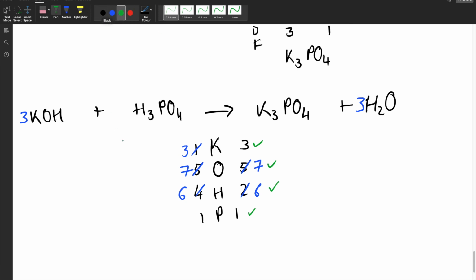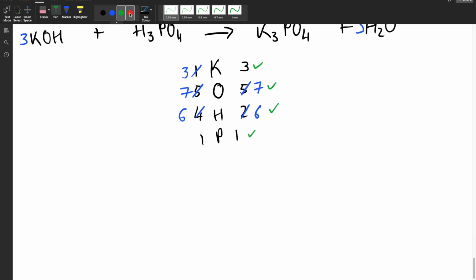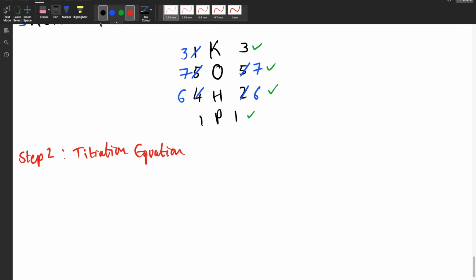So now that we've got our balanced equation, our step 2 is our titration. I'm going to rewrite our balanced equation out.